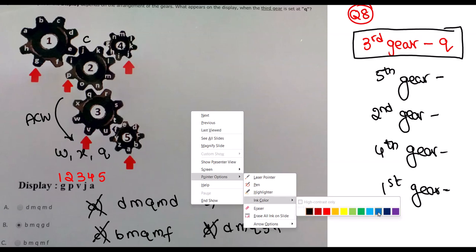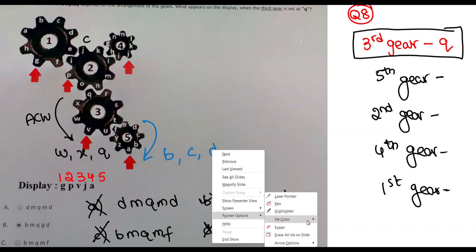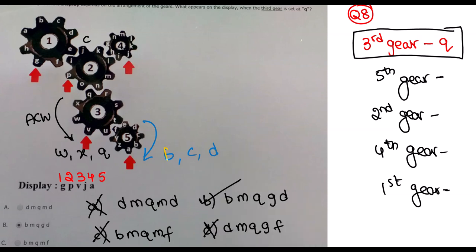If it is clockwise, B, C, next must be D. See that B, C, D. Here B, here C, next will be D. Clockwise movement, next to B, C, D, third element, D. So fifth gear must be D. Fifth gear D option is not available in option D. Option C I am eliminating.